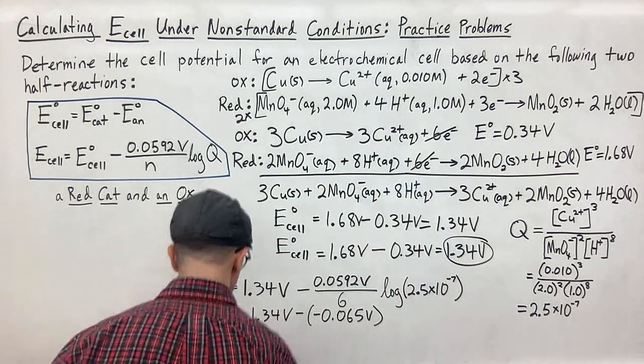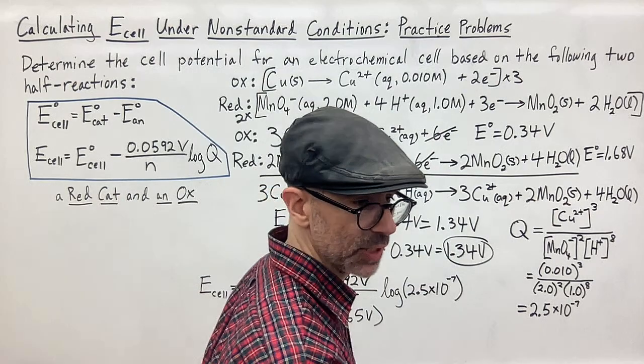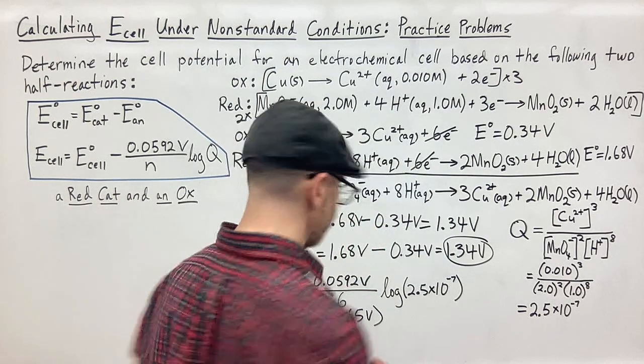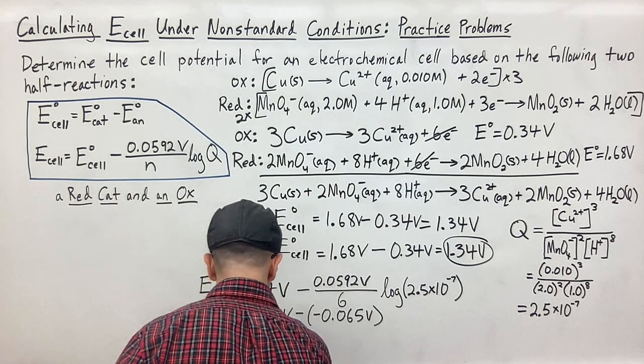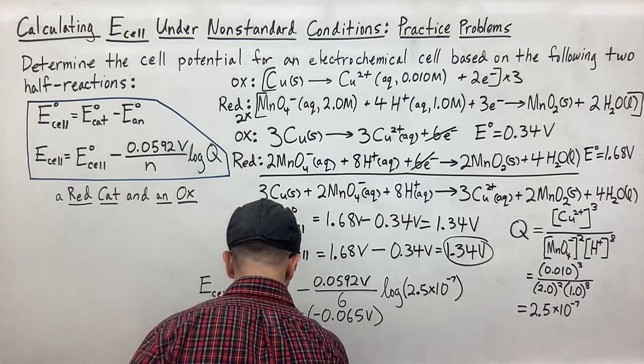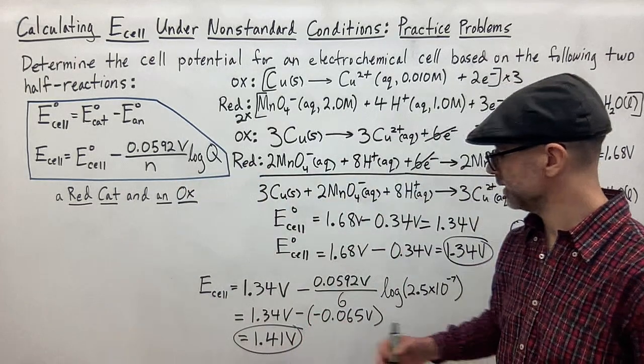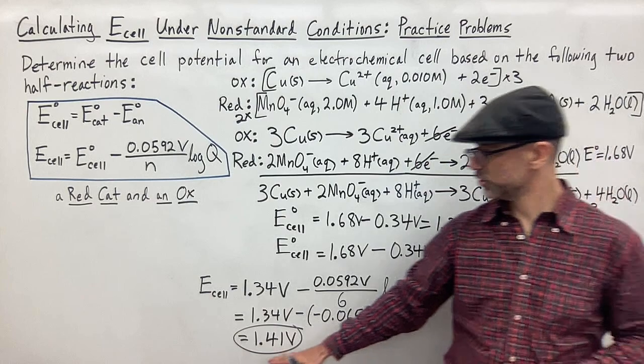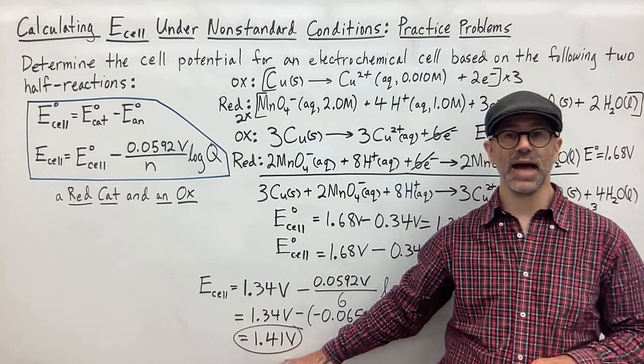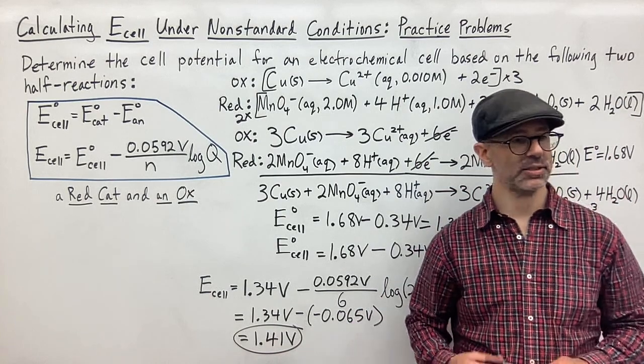Therefore, finally, the cell potential under non-standard conditions is 1.41 volts. So that, ladies and gentlemen, is the cell potential under these non-standard conditions.